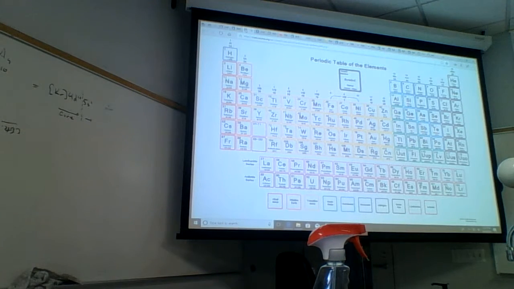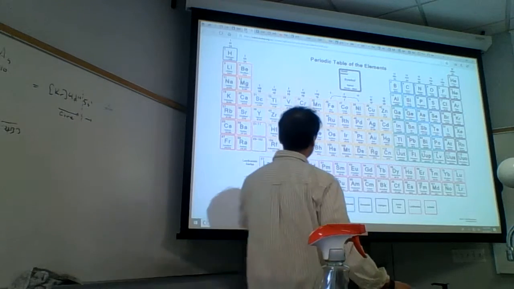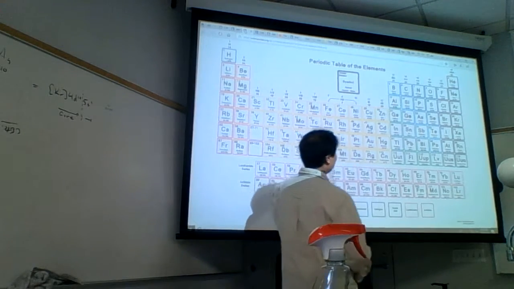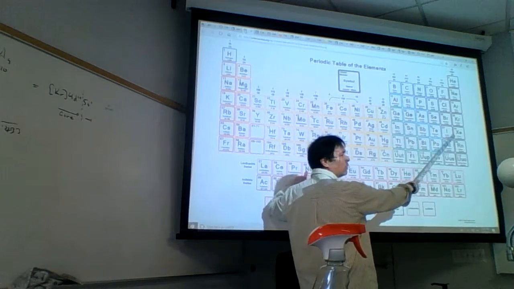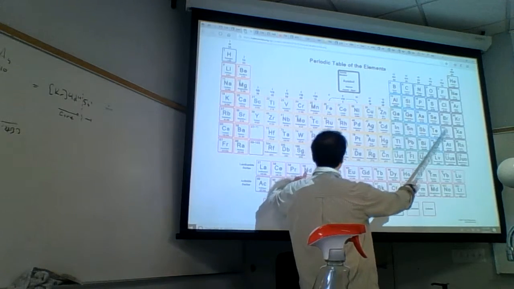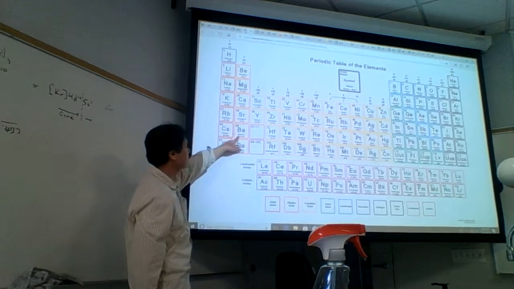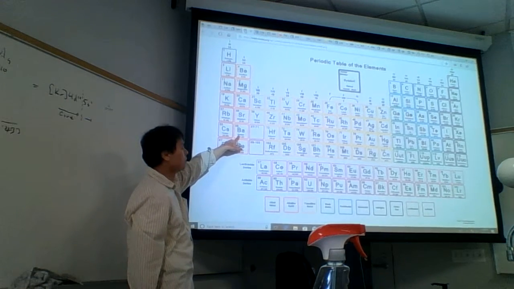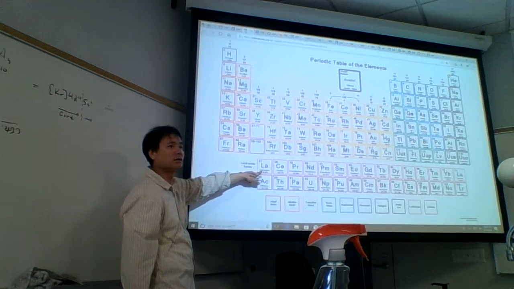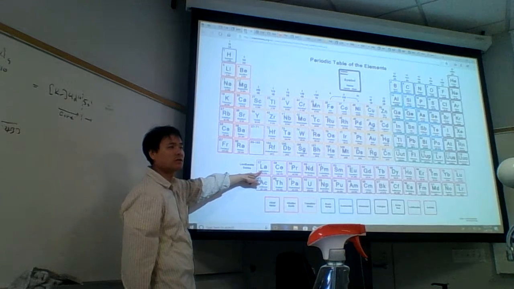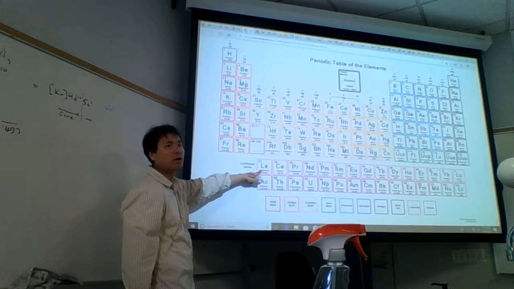So let's do it again. Let's do neodymium one more time. We're going to start with xenon, 54. And then we go 55th electron, 6s1, 56, 6s2. Where's the 57th electron? The 57th electron looks like it's in the 4f.